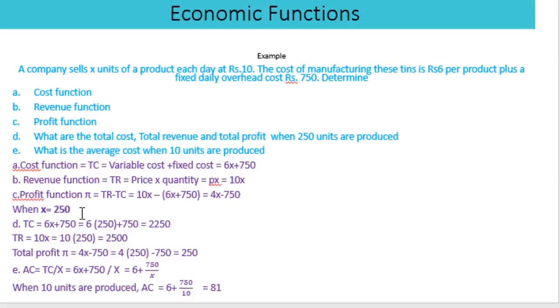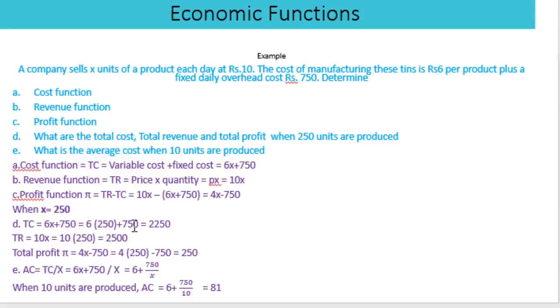The fourth question is, what are the total cost, total revenue and total profit when X equal to 250 units? The answer is, when X equal to 250, find total cost, revenue and profit. That is, substitute X equal to 250 into these equations. First, total cost. The total cost function is 6X plus 750.